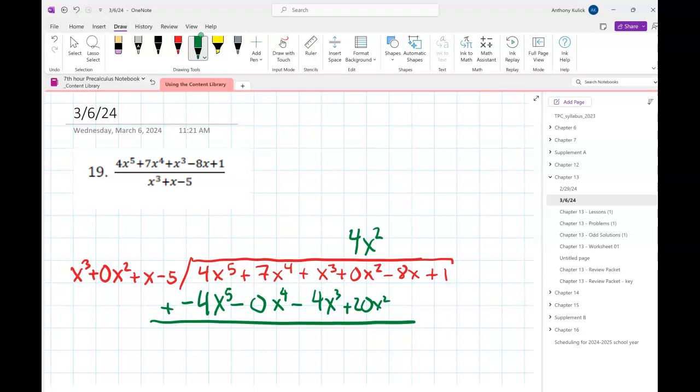So now we're just adding straight up and down. So 4x to the 5th plus negative 4x to the 5th is 0. 7x to the 4th plus 0x to the 4th is still 7x to the 4th. 1x cubed plus negative 4x cubed is negative 3x cubed. 0x squared plus 20x squared is 20x squared. And then I'll bring the rest of this down.